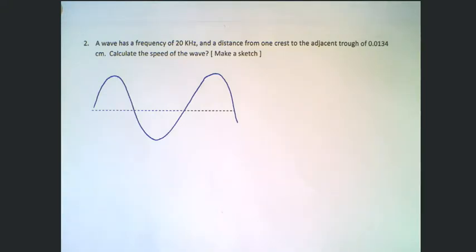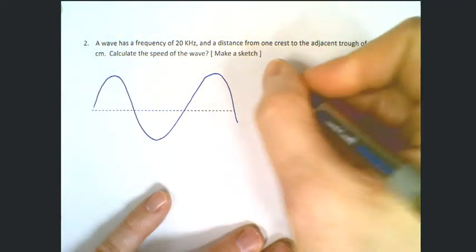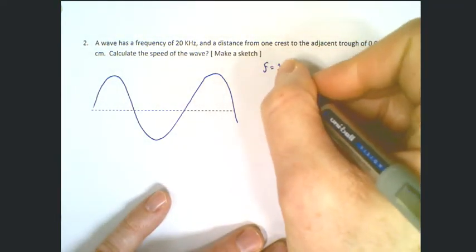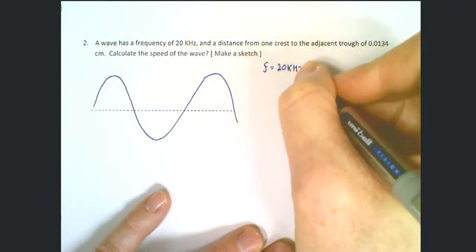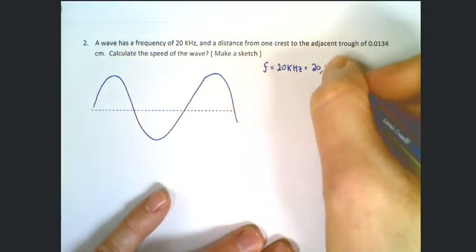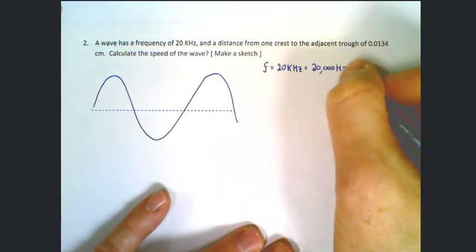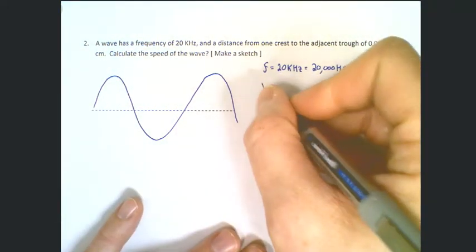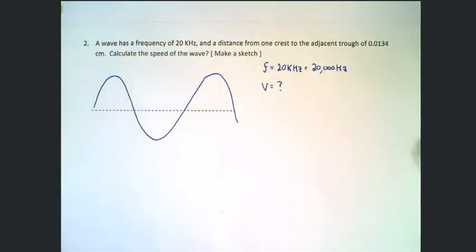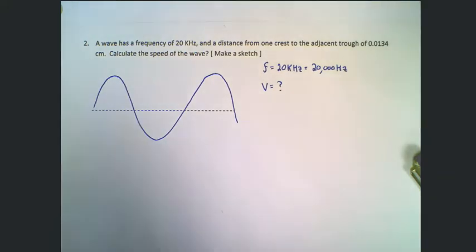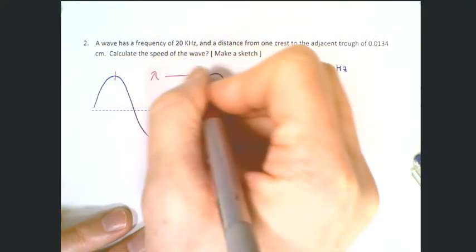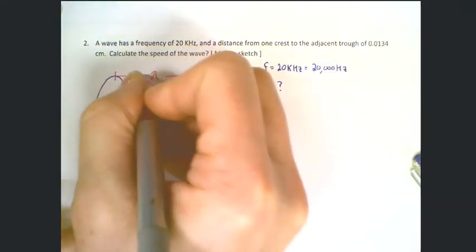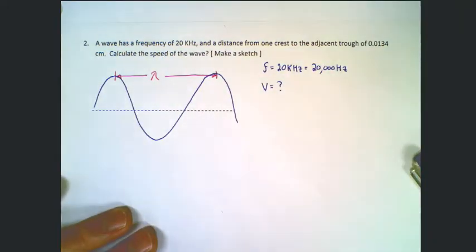And in here it says that we know the frequency is 20 kilohertz, which is 20,000 hertz. We're trying to figure out the speed of the wave. We know the wavelength is, in this case, we'll just do it from crest to crest. So there's our wavelength from crest to crest.